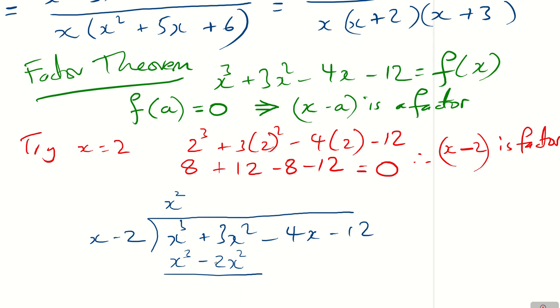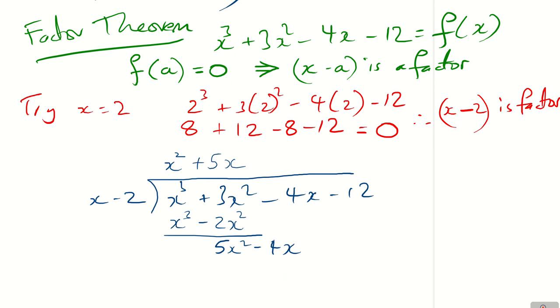3x squared minus 2x squared gives me 5x squared, and I bring the next term down. Then I say, what do I times x by to get 5x squared? Well, I've got to times it by 5x. If I times 5x by x minus 2, I get 5x squared minus 10x.